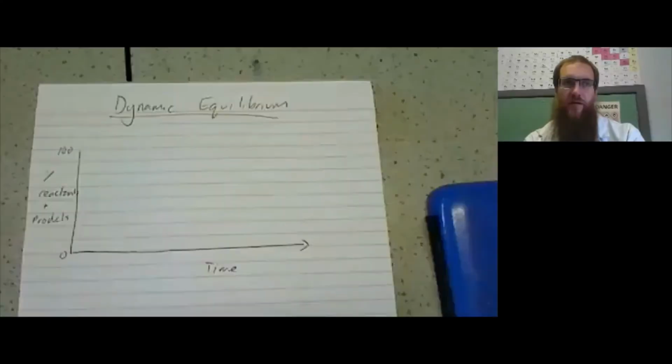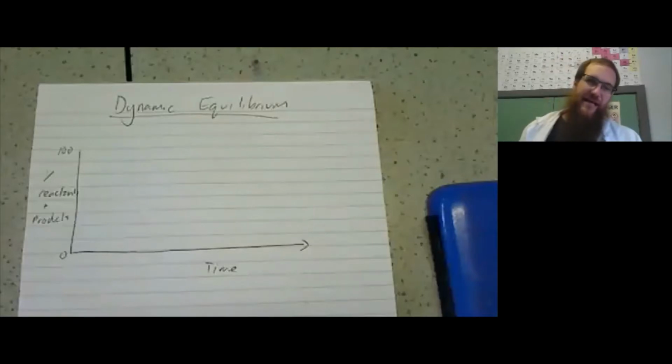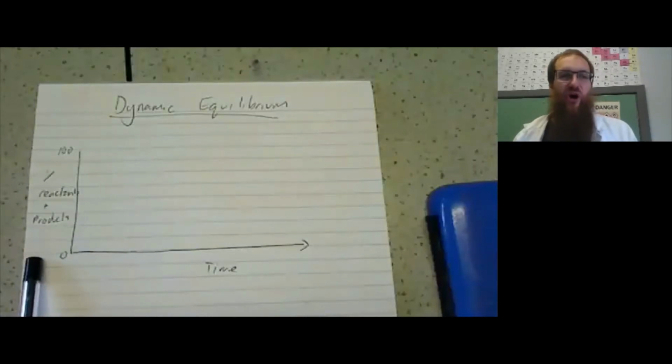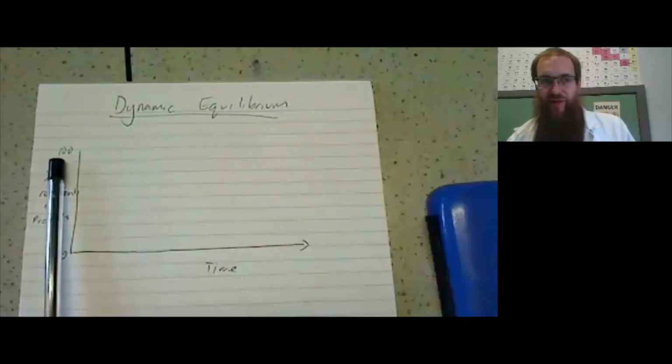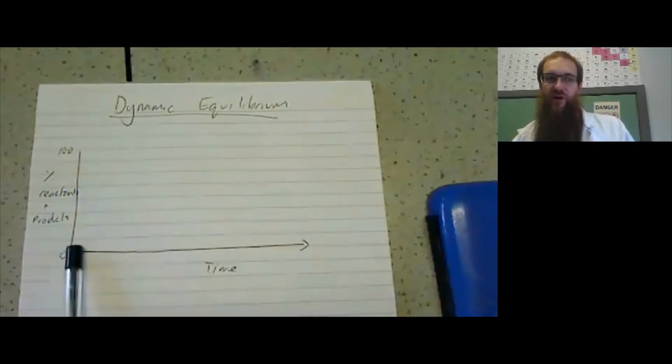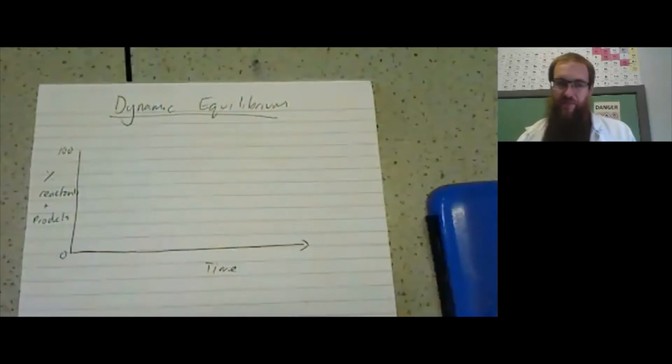The easiest way of showing this is through drawing a few little graphs. So here we go. What we've got here is a graph, and on the x-axis we've got time as time goes on, and on the y-axis we've got the amount of reactants and products, with all of it at the top and none of it at the bottom.